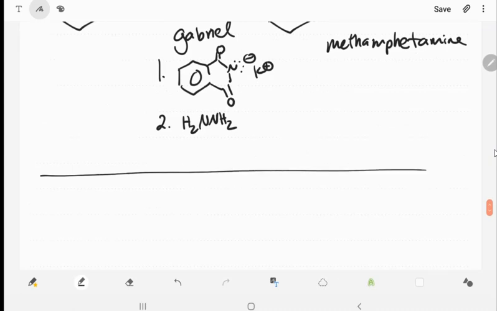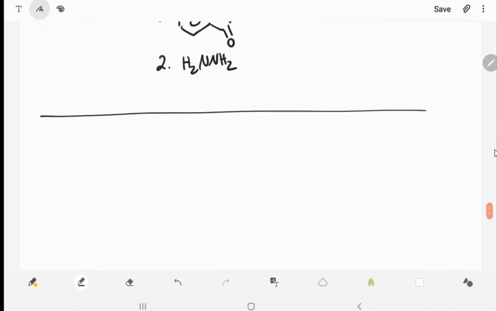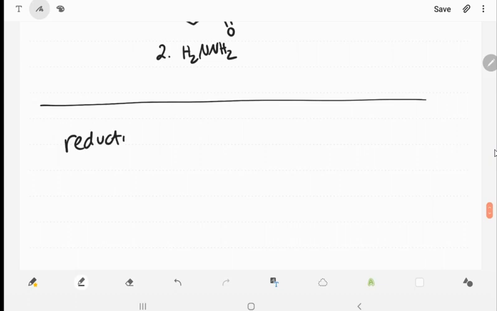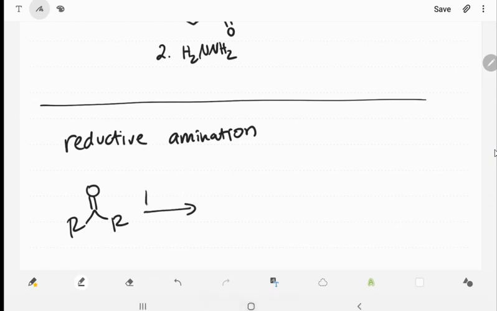So let's look at some other ways to do it. Let's look at reductive amination. And this uses what we just learned. Okay, NH3. And we have our amine.